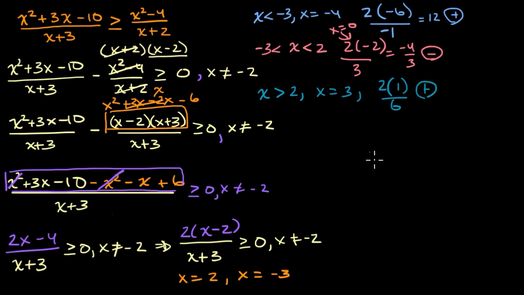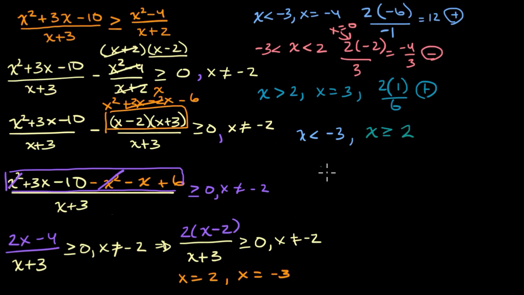So that satisfies it. So what's our solution set? X can be less than negative 3. And then x can also be greater than or equal to 2, because at 2, the numerator is equal to 0. It's in our domain, and we're saying greater than or equal to 0. So we can also say x is greater than or equal to 2.